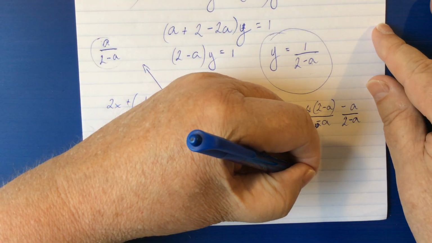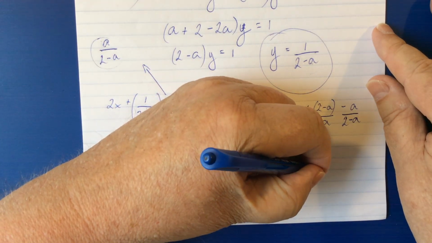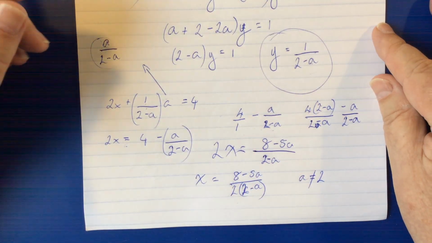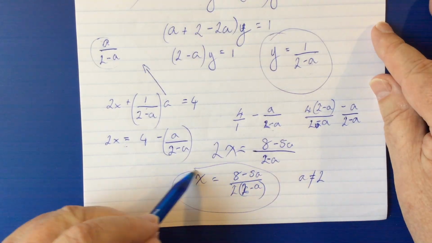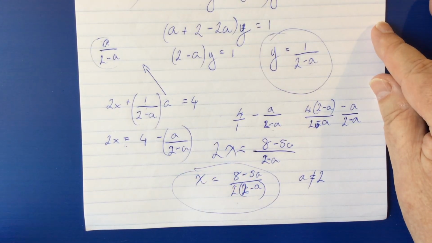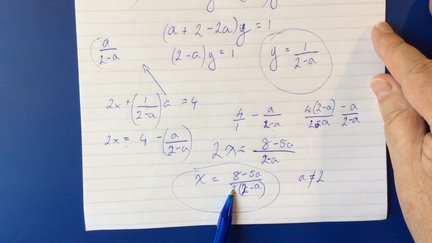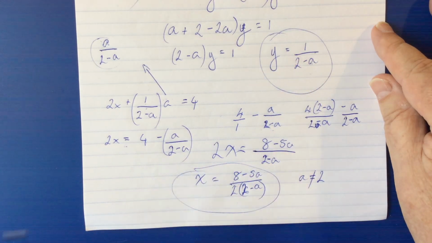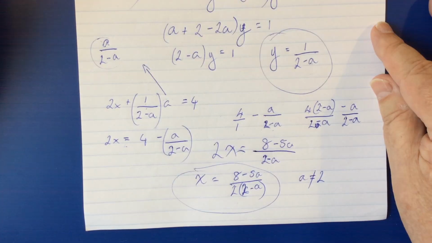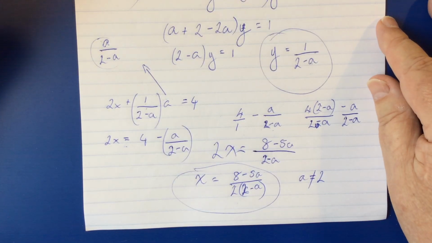So a cannot equal 2, which is the answer to our second inquiry. x is equal to 8 minus 5a over 2 into 2 minus a. Again, that can be written in a different fashion, but it is an answer. And y we've already done, 1 over 2 minus a. So that's the answer, and that's how you do it.